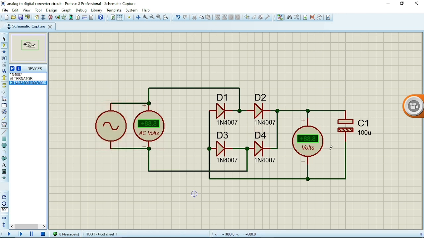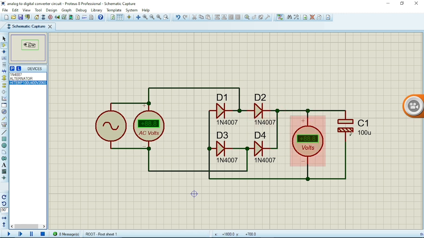So we should be expecting like 310 here, because the bridge rectifier would drop 1 volt. Yeah, this 1N4007 would drop less than 1 volt or 1 volt. So if you have 311 as our amplitude here, we should be expecting 310 volts here. Okay, that's how it works.